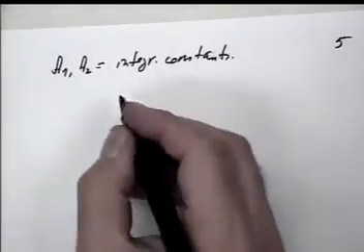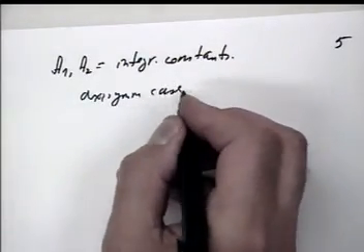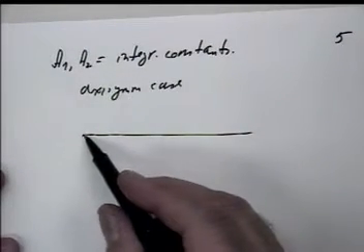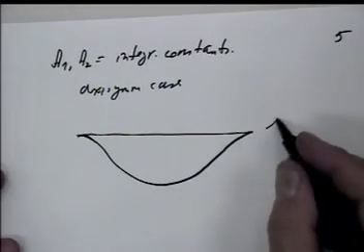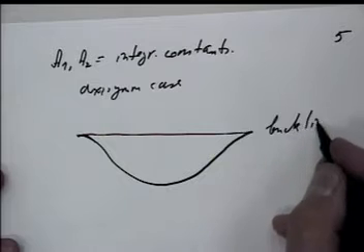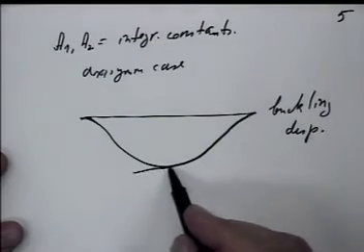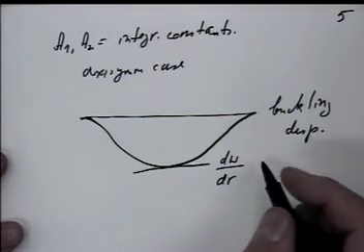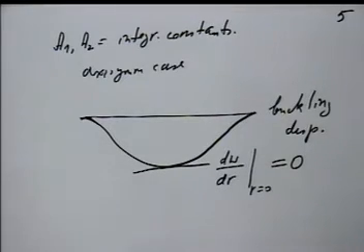Now, we also said that we consider axisymmetric case. That means that for the buckling displacement, the first derivative dW dr at r equals 0 must be 0, otherwise it is not axisymmetric.